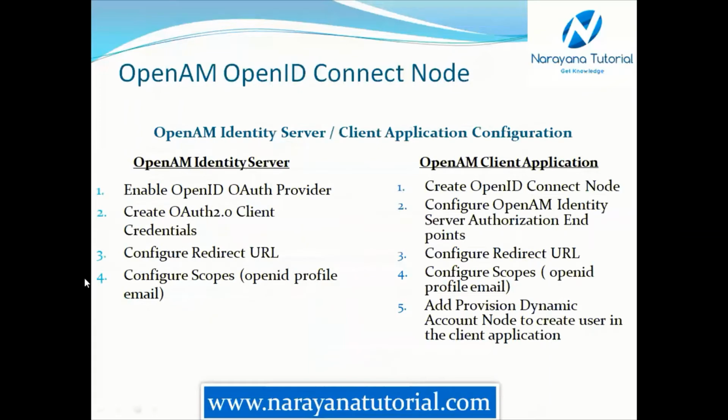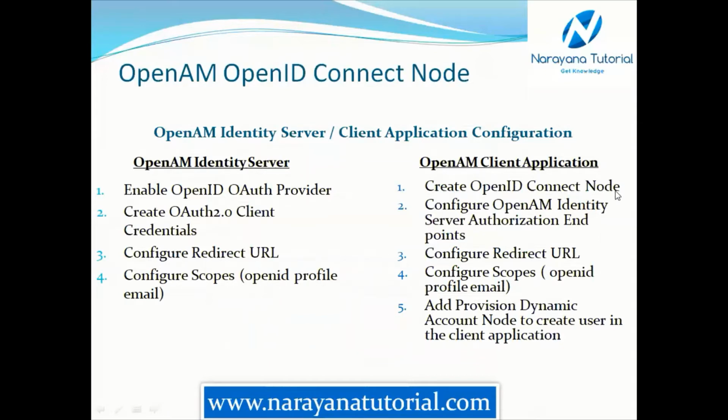In the IDP server, we need to configure OpenID in the identity server. First of all, enable the OpenID OAuth provider, then create the OAuth 2.0 client credential, configure the redirect URL and configure scopes. The scopes are OpenID, profile, and email. In the client application, what do we have to configure?